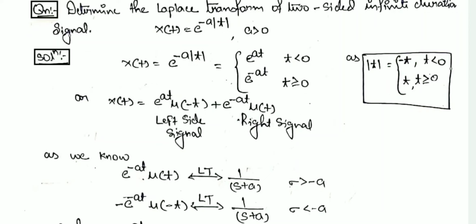Therefore, e to the power minus a mod of t becomes e to the power at for t less than 0, and e to the power minus at for t greater than 0.